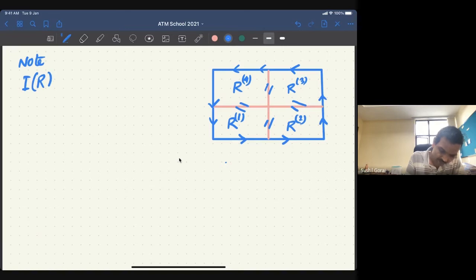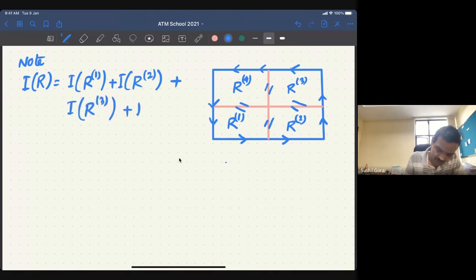I_R is I_R1 plus I_R2 plus I_R3 plus I_R4. All right. So this is equation, let's say, equation 1.